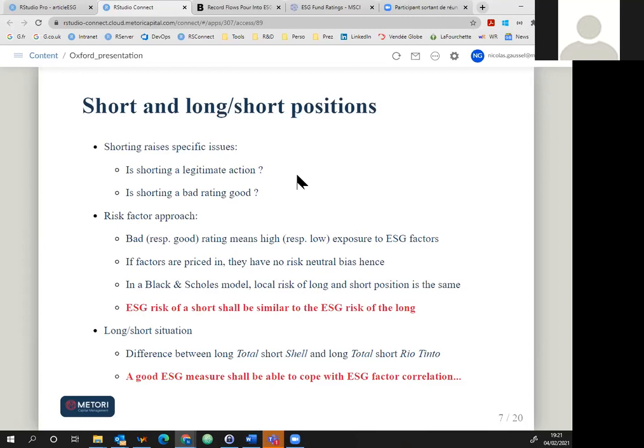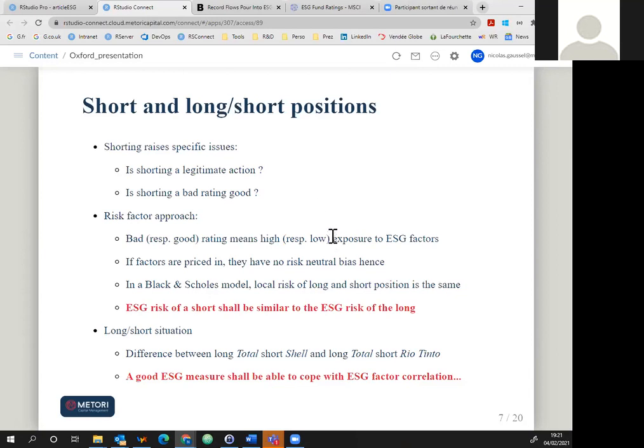And typically, if we have the volatility template in mind to start with, when you think about long short, there should be a difference somewhere in terms of final ESG risk between being long Total and short Shell in a long short portfolio, and being long Total and short Rio Tinto, let's say, which is exposed to a totally different set of commodity prices. So typically, you would like your ESG measure to be able to cope with some kind of correlation across ESG factors.